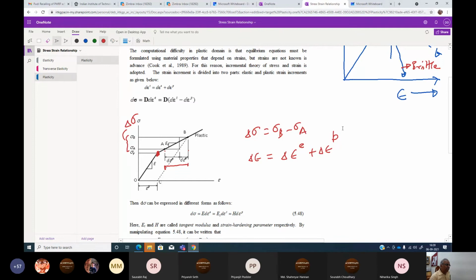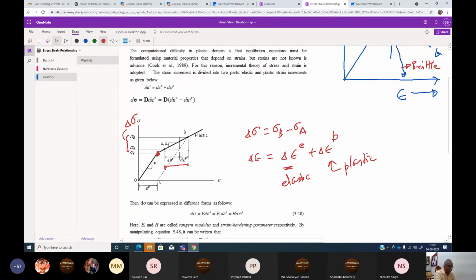Now, why am I saying this? What is the purpose of this strain increment? This is the elastic strain increment, and this is the plastic part. The purpose of the elastic strain is to change the stress, right?